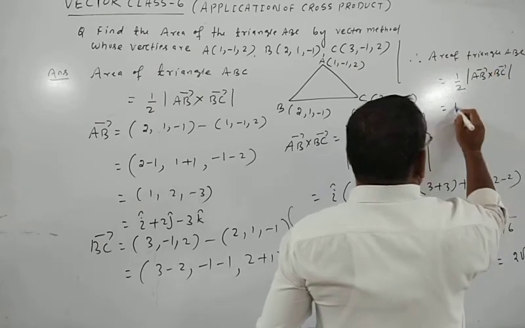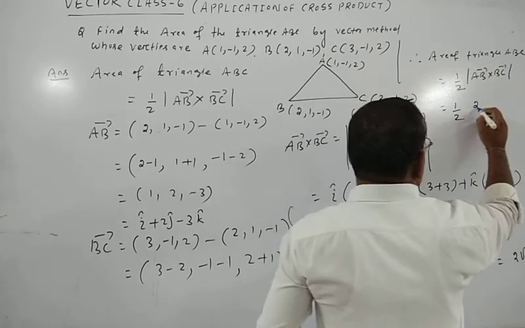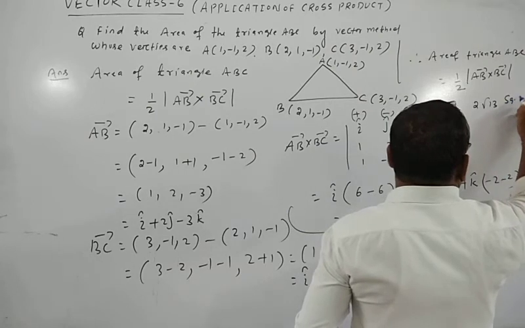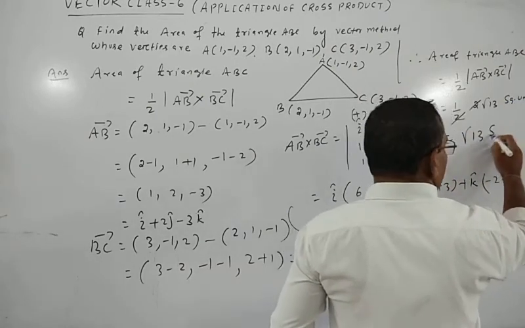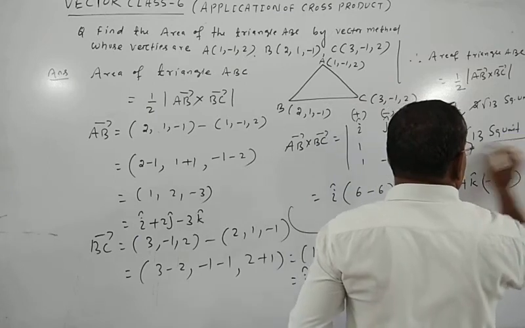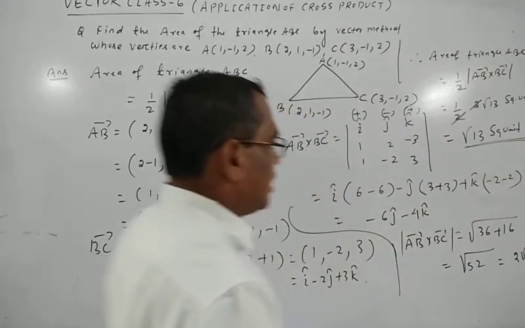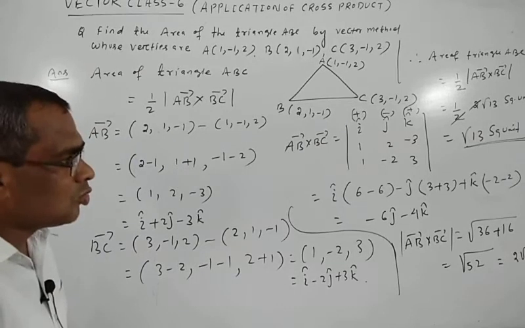So this is equal to half into 2 root 13 square unit. The 2 cancels, so this is equal to root 13 square unit. Okay, so this is the answer, the area of the triangle.